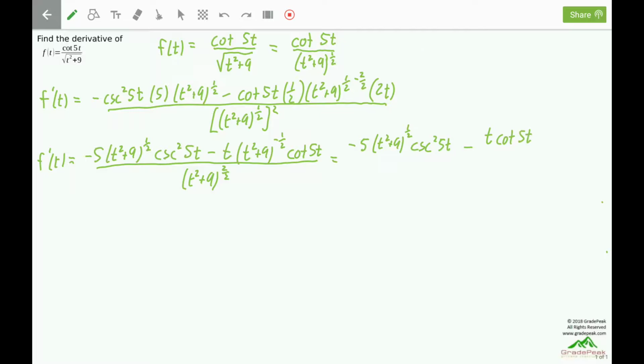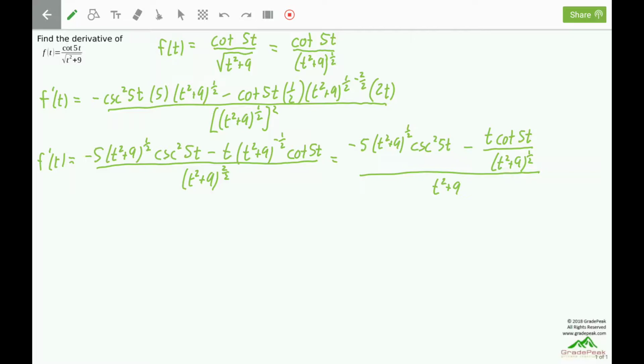And I have a t squared plus 9 that's being moved to the denominator so that it can now be to the positive 1/2 power. And that's only in that term. Now, in the overall denominator, we have t squared plus 9 to the 2/2, which means to the 1, which means we don't have to write it to a power. And we can just call it t squared plus 9 for now.